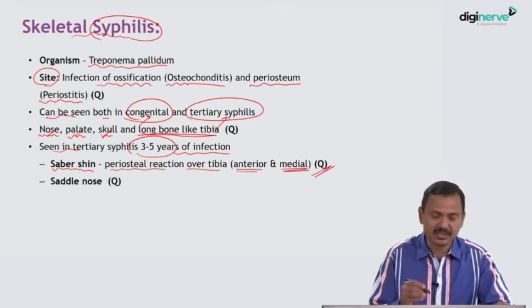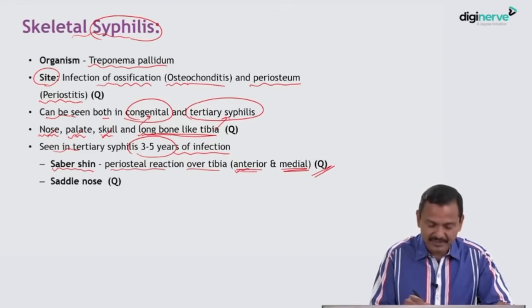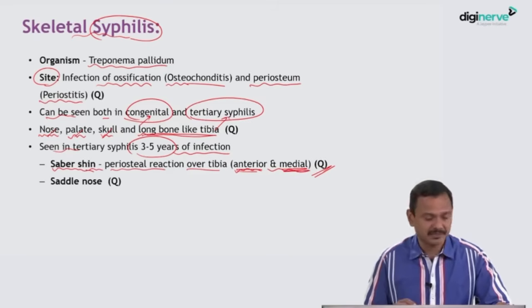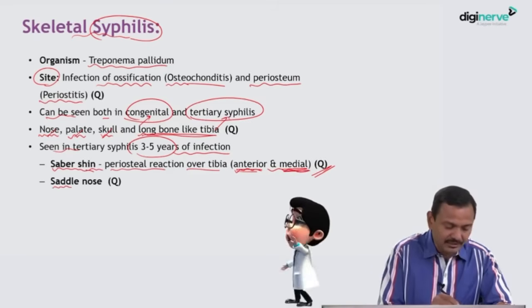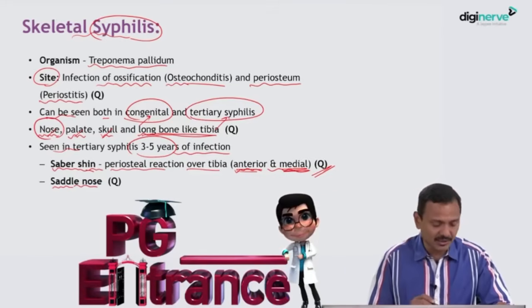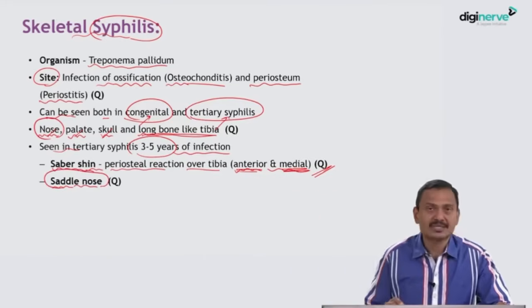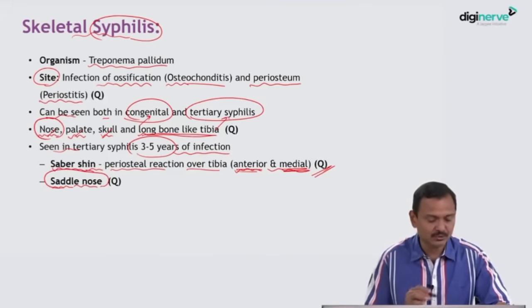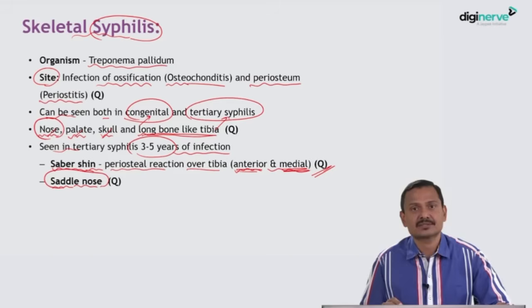So there will be periosteal new bone formation in the anterior and medial aspect, that is called saber shin. And I have already told you the nose is affected, so the nasal bridge will be destroyed, and so it will lead to saddle nose. So saber shin and the saddle nose are two chronic features seen in tertiary syphilis.